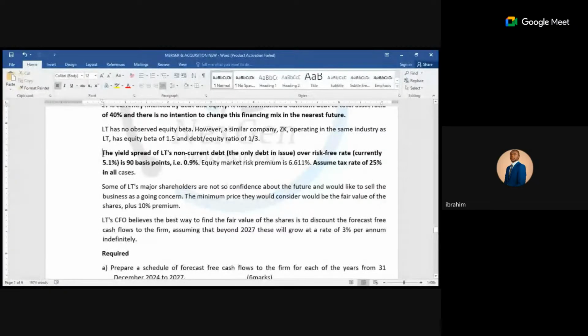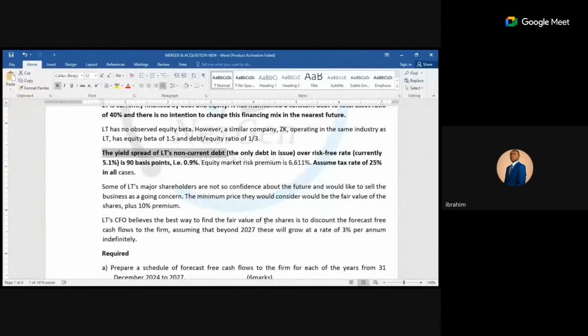The yield spread of LT non-current debt, class, under the bond valuation, when you want to determine your yield to maturity under the credit rating, it is your government spot yield plus the corporate rate or the credit spread.